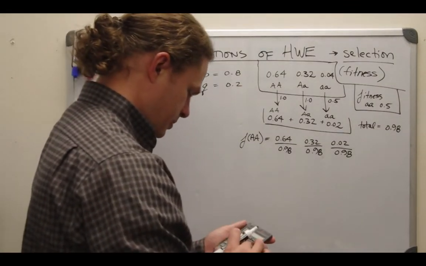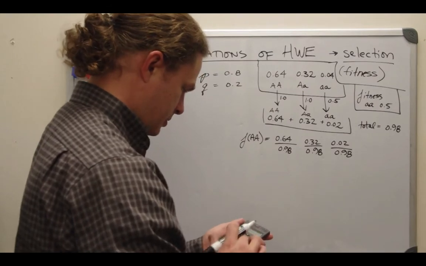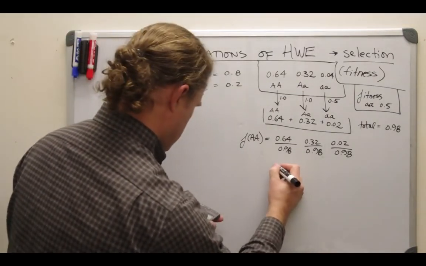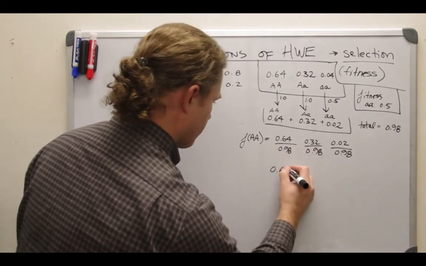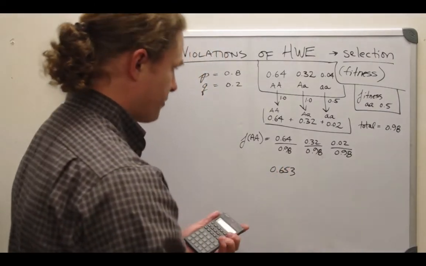So 0.64 out of 0.98 comes to about, and now you're going to have to round a little bit, say that's 0.653.